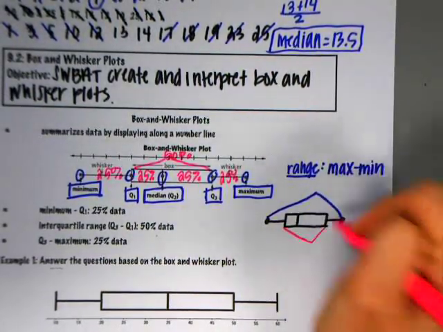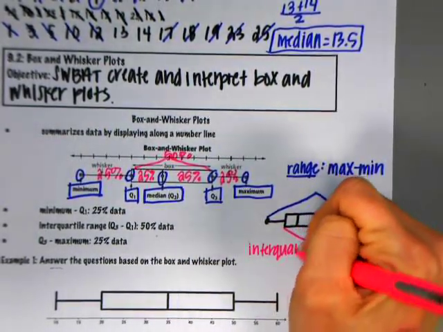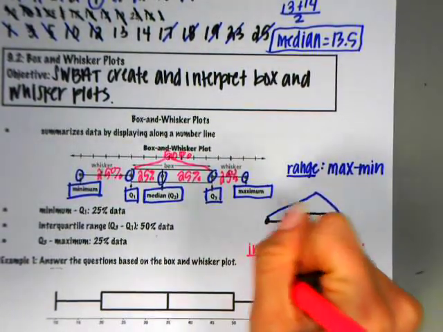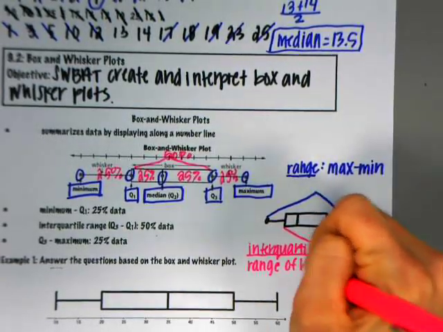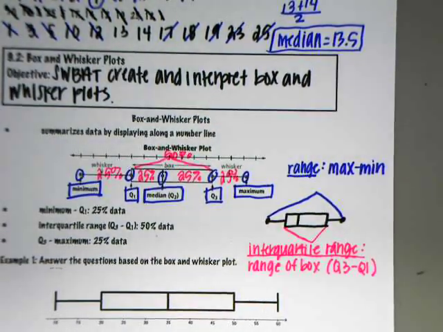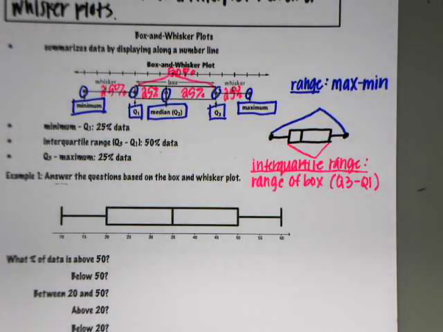But your interquartile range is like the range of just the box. So that's Q3 minus Q1. So the bigger the interquartile range, the longer your box is going to be, okay? Because the values are more spread out.